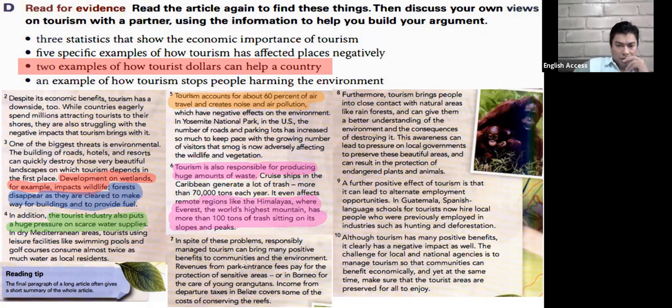Here is one. Revenues from park entrance fees pay for the protection of sensitive areas. That's one. But that says a country, huh? That wouldn't be a country.